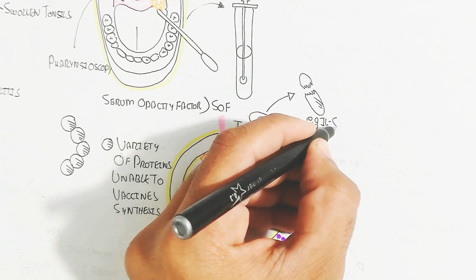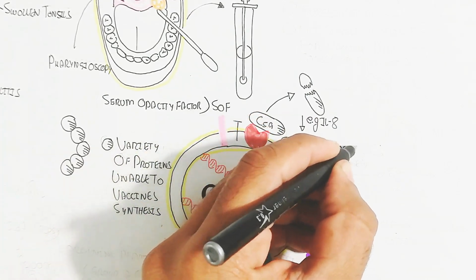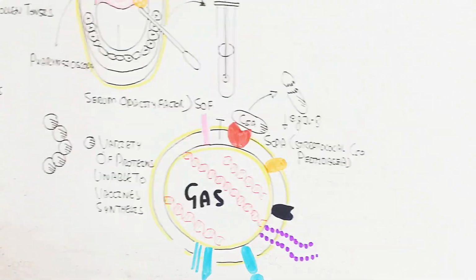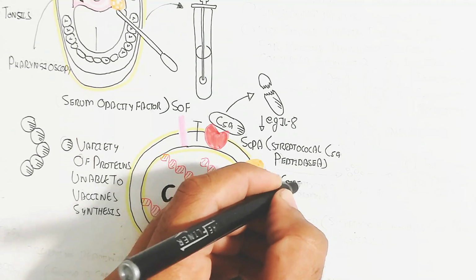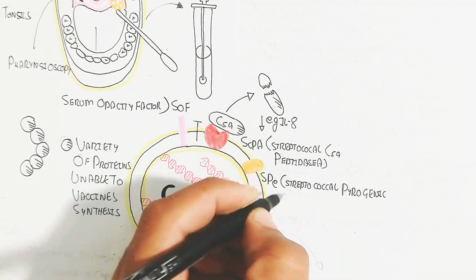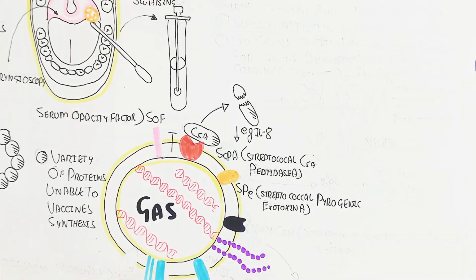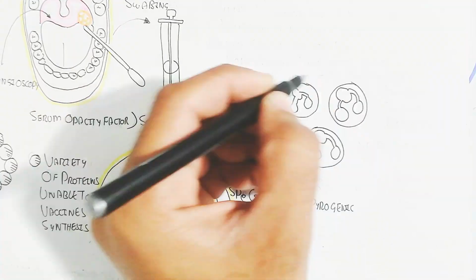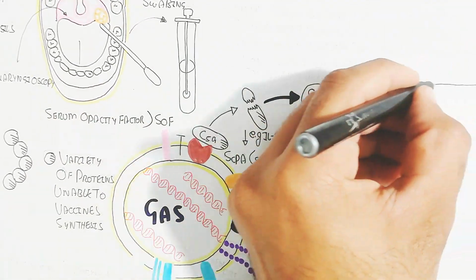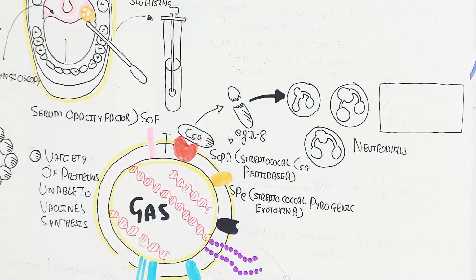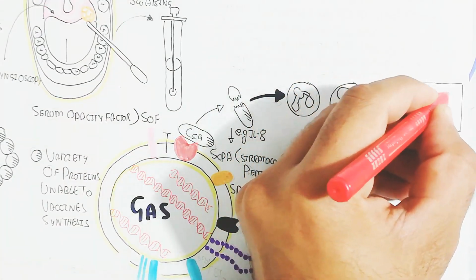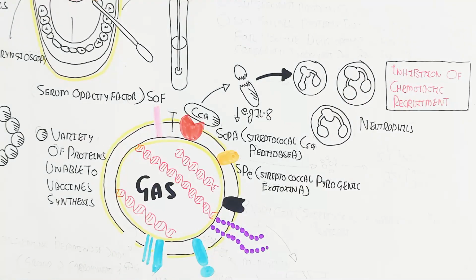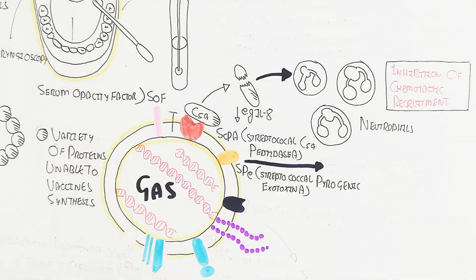On the other hand, interleukin 8 is inhibited and broken down along with the C5a complement, and the streptococcal C5a peptidase enzyme is used to break it down, while streptococcal pyrogenic exotoxin A is released. When interleukin 8 is not produced, the neutrophil is not activated and not recruited, so the neutrophil will be dysfunctional in this infection.